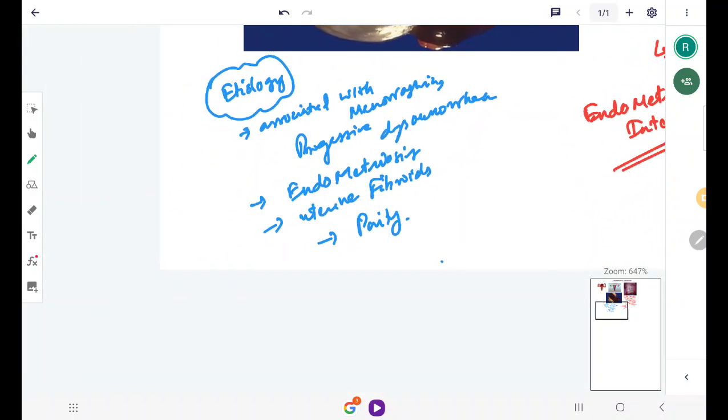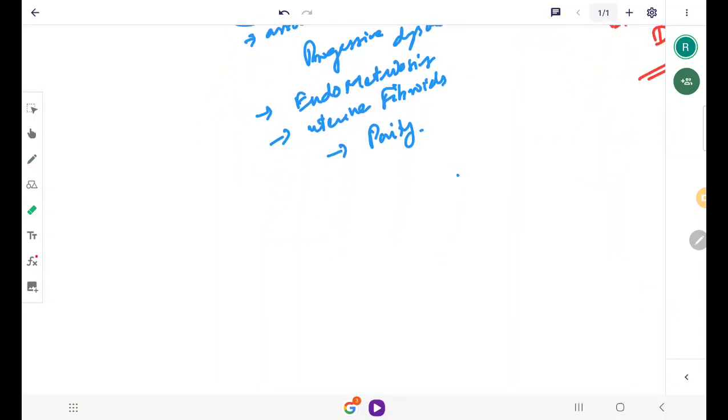So these are the most common causes of endometriosis interna or adenomyosis.